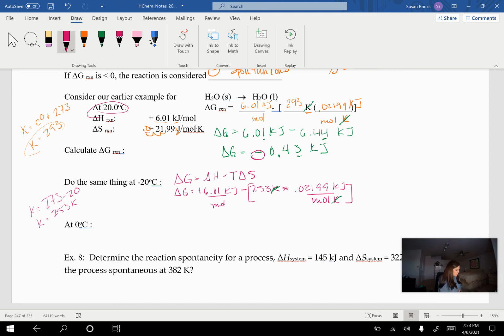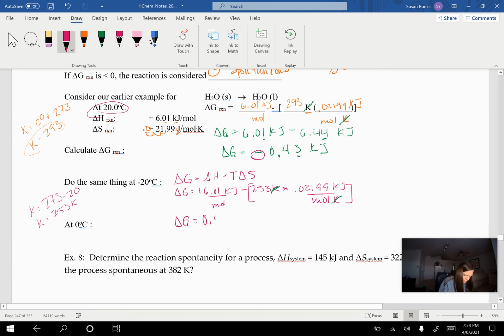Okay, so we're going to multiply this out. Okay, so 6.01 minus the quantity 253 times 0.02199. We get a delta G, or Gibbs free energy, of positive, let's see, with sig figs we can only go to the 10th.